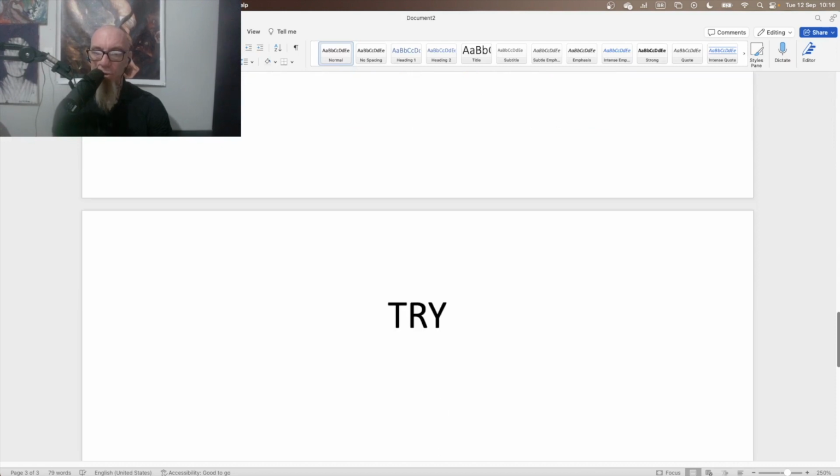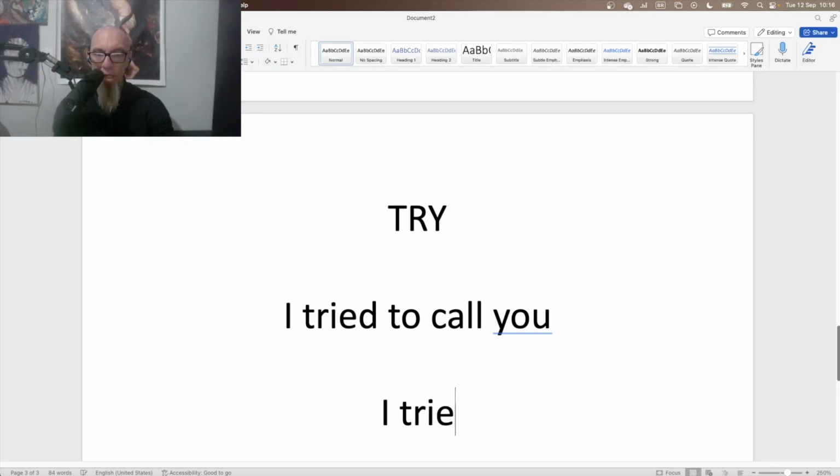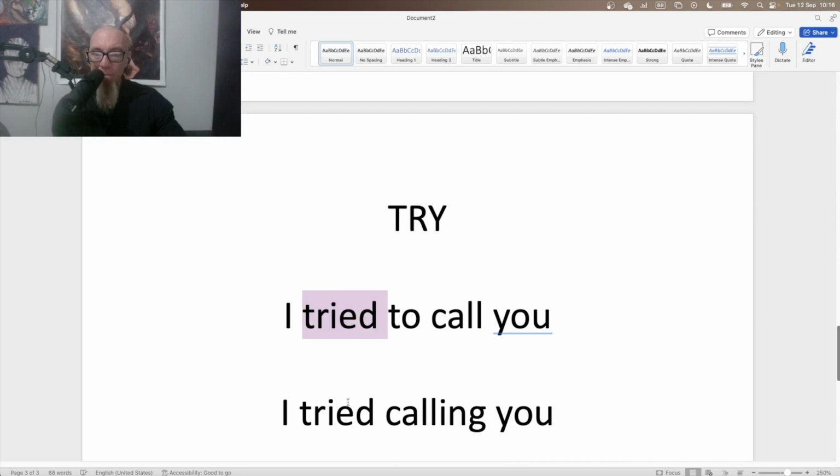If we look at the verb try, so if I say I tried to call you, or I say I tried calling you. Again, we have one verb, to try, which is to experiment something. But now with our gerund and our infinitive, we have two totally different situations.